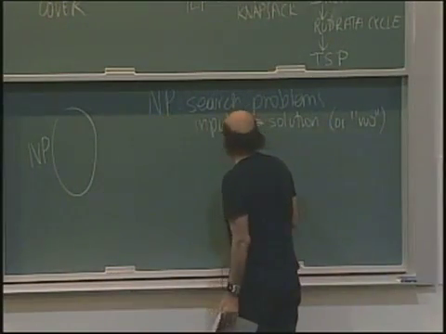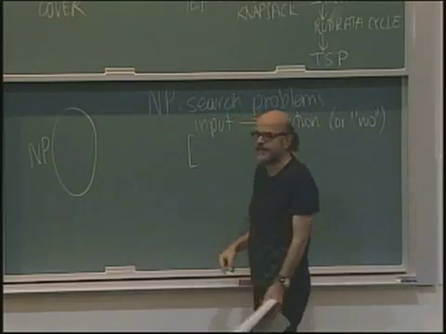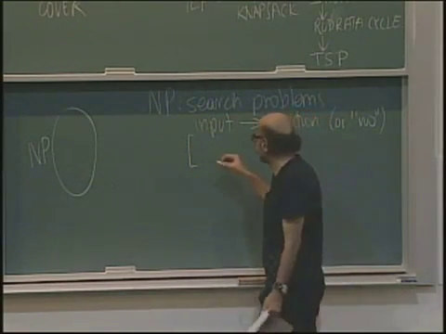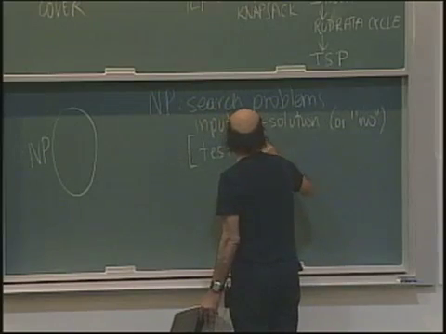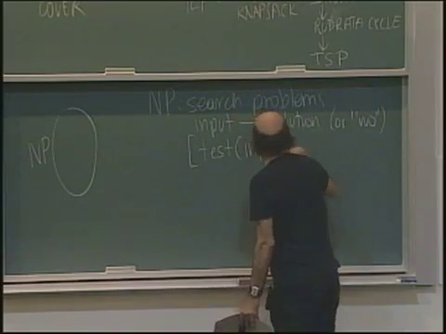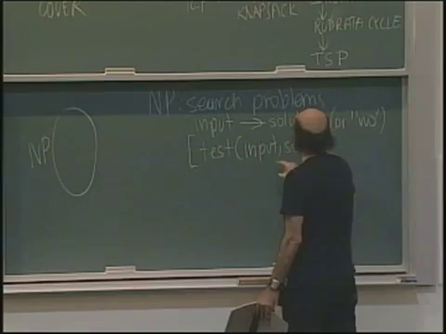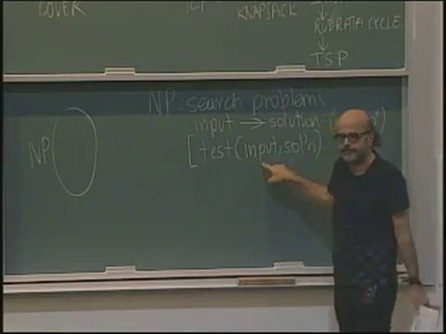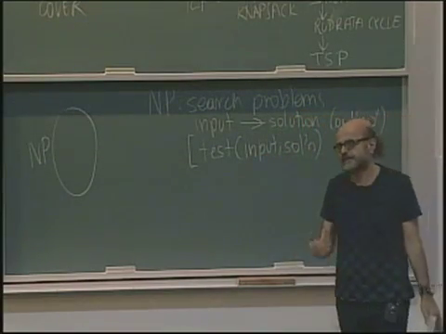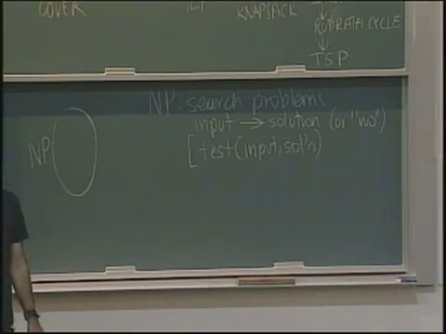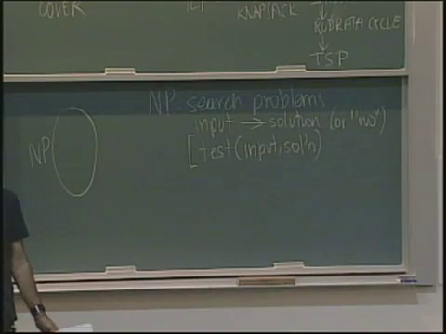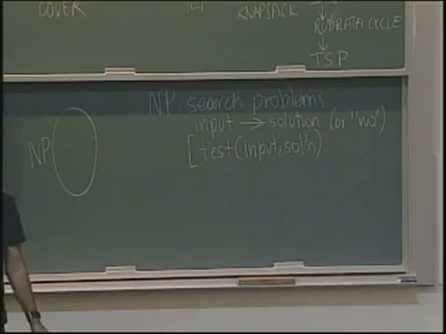And the important thing to remember about a search problem is that there is a test whether this is indeed a solution to this input. And the test runs in polynomial time. That's what makes a problem a real search problem. For every input, you want to find a solution. There may be many solutions; you want one of them.